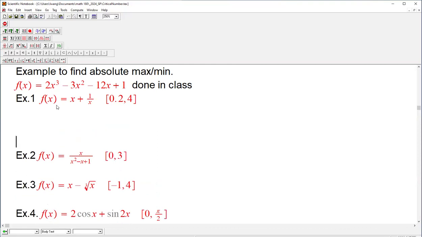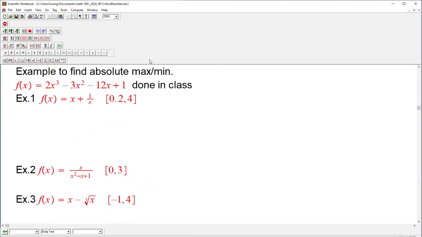First of all, you can see we are given an interval. We want to find the absolute max and absolute min in a given interval, and we've got a closed interval. The domain of the function is x not equal to 0, and 0 is not included in the closed interval.